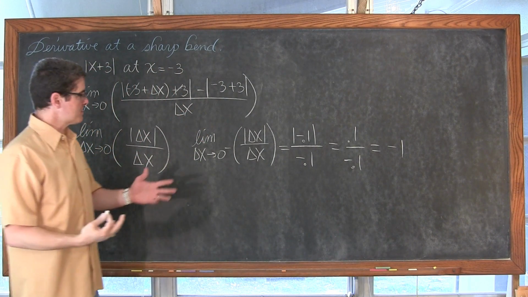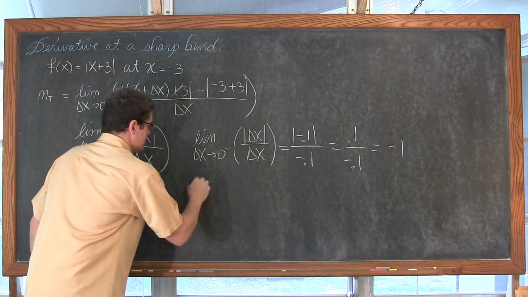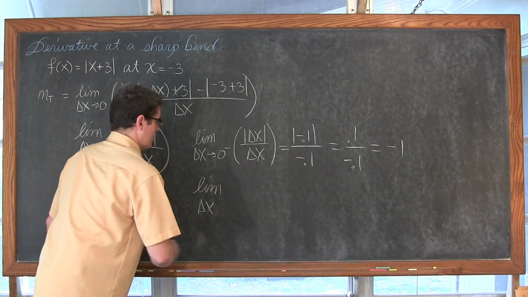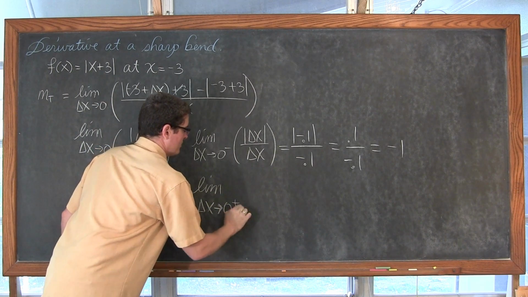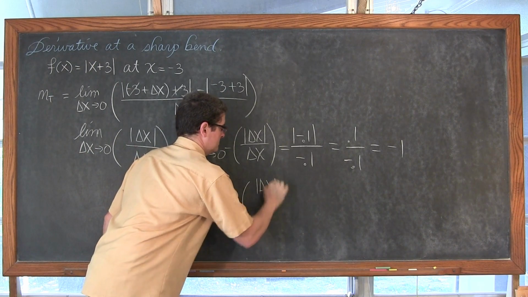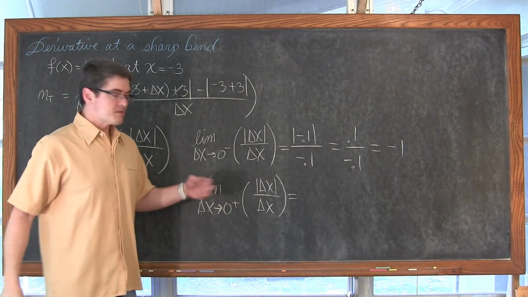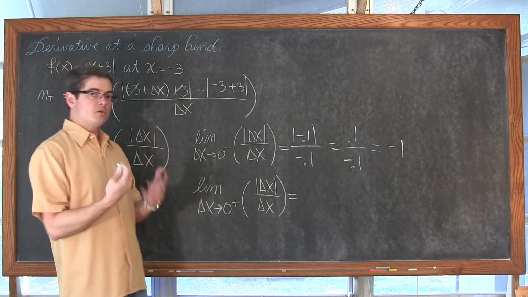Okay, well that's fine, as long as the right-hand limit is equal to the same, then the two-sided limit exists. So the limit as delta x approaches 0 from the right, well, you can think about it, since this is going to cancel, going to be 1, or you can use an actual test value.